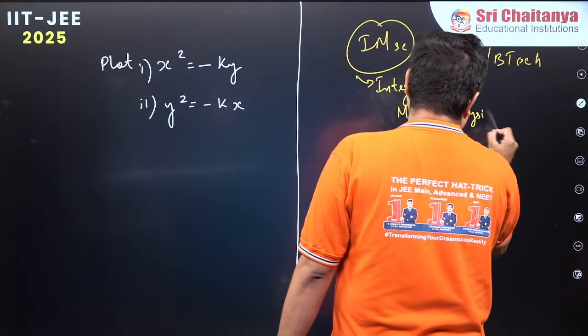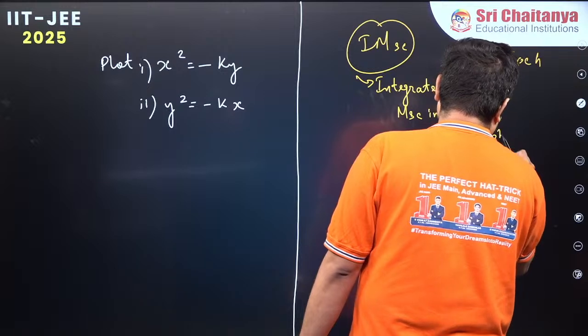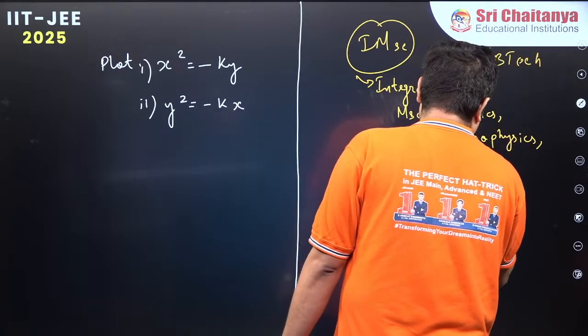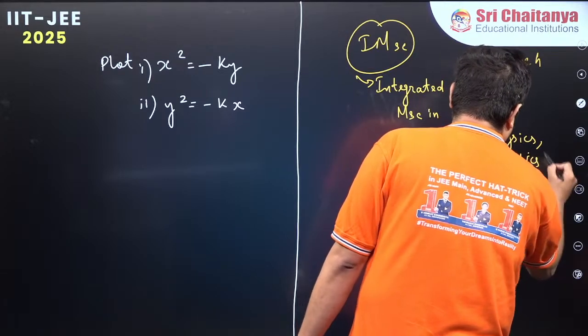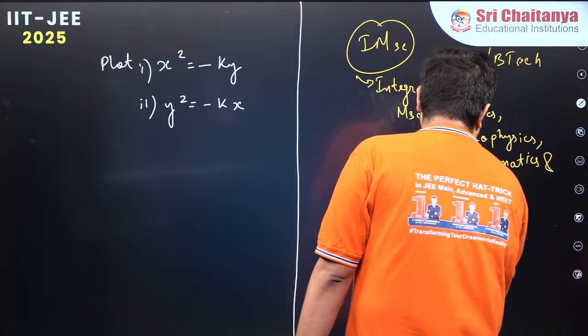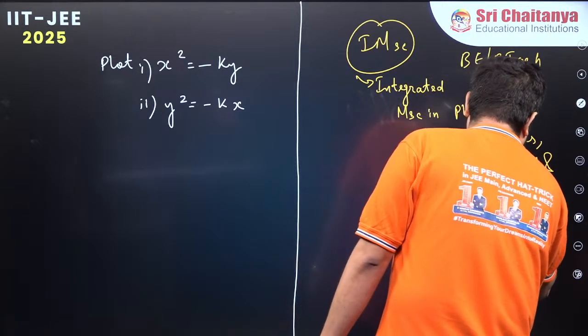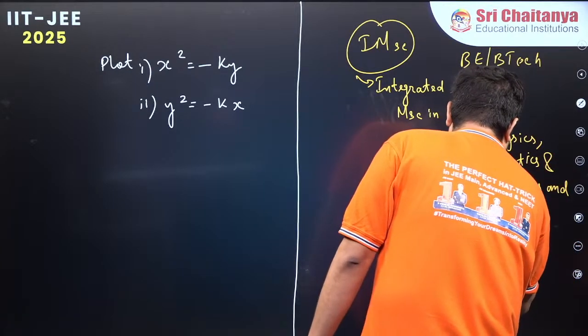Then in astrophysics, it's also there. Then mathematics. And most of the students I have seen prefer mathematics and computation. So in these branches, you can pursue IMSc.